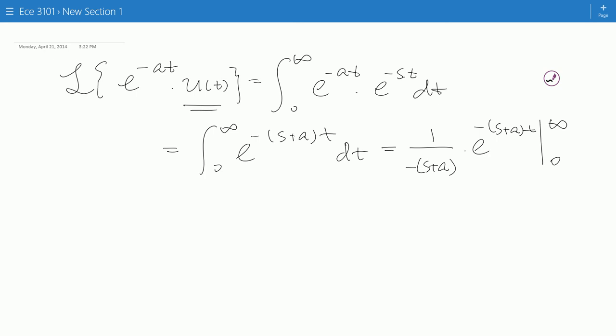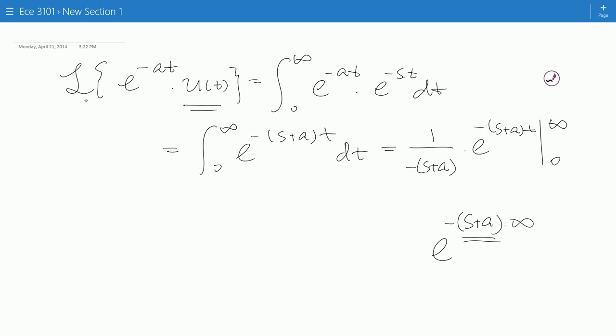Now, what we can see is that the 0 is easy to take care of. It's still going to be negative 1, since it's the lower limit. But for infinity, now you have s plus a. Let's assume a is a real number. So to make e to the power negative s plus a times infinity reasonable, the only thing you have to make sure is that this complex number should have a positive real part.